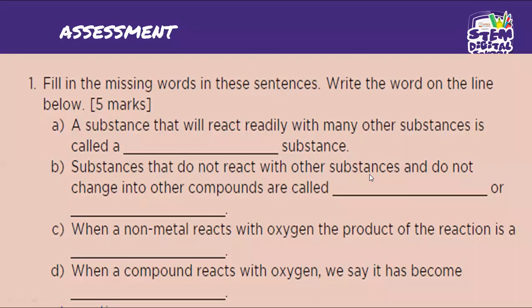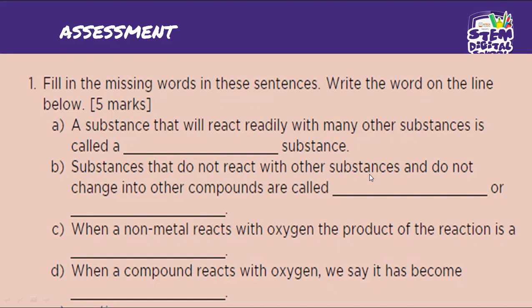A, a substance that will react readily with many other substances is called a what? Dash substance. B, the substances that do not react with other substances and do not change into other compounds are called dash or dash.